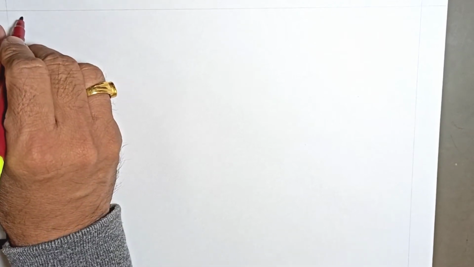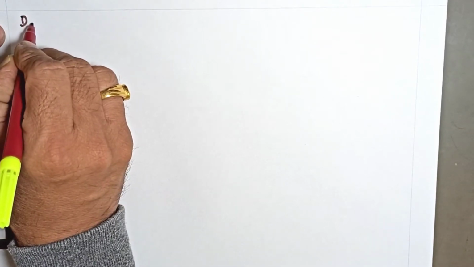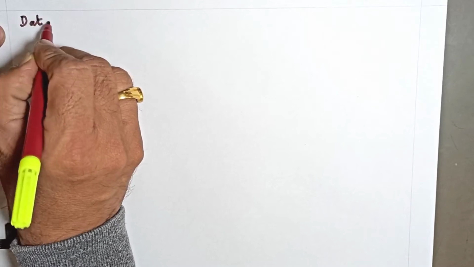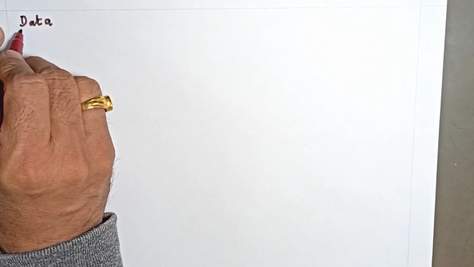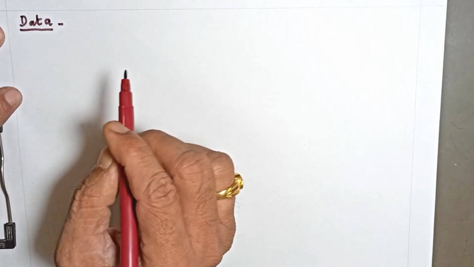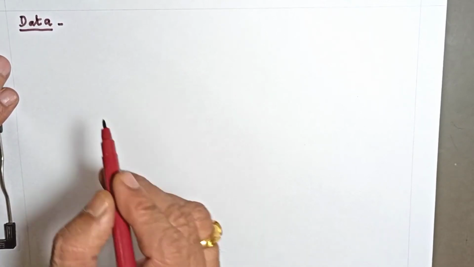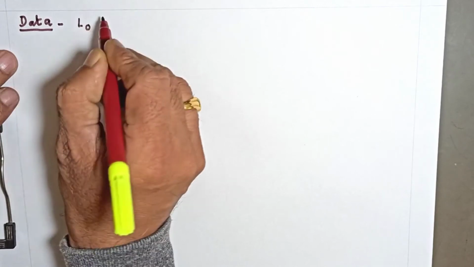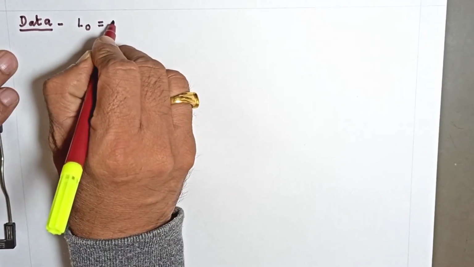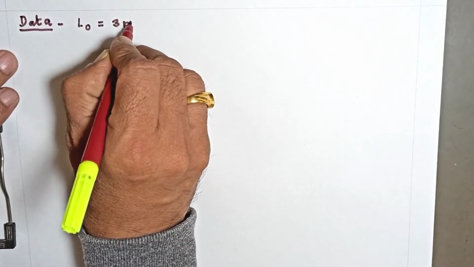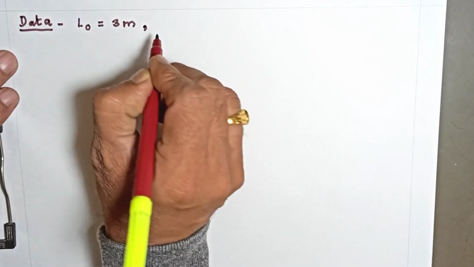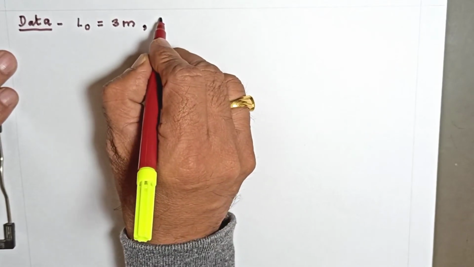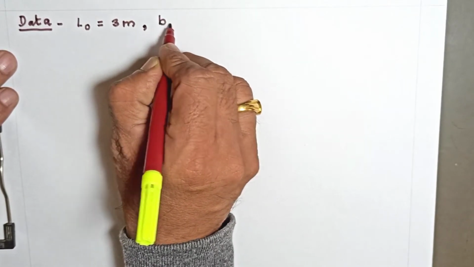Now let us first list out the data given in this particular problem. First one, the span is given as 3 meter. This is a clear span L0 equal to 3 meter. It is also given that the slab is supported on 230 mm thick walls. So Bs, what is Bs?